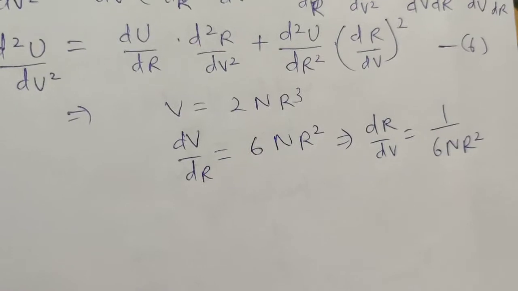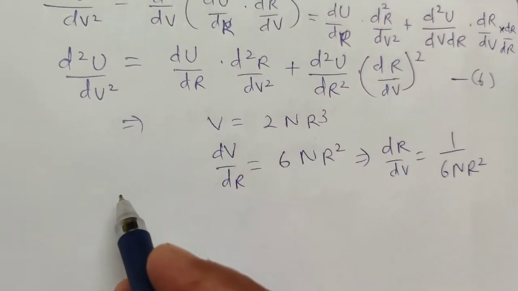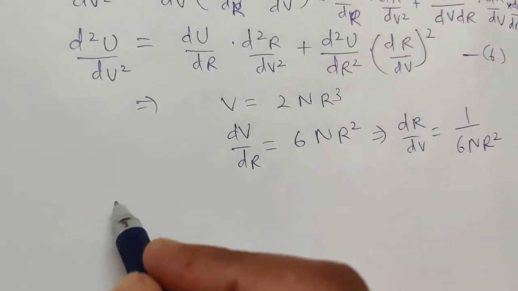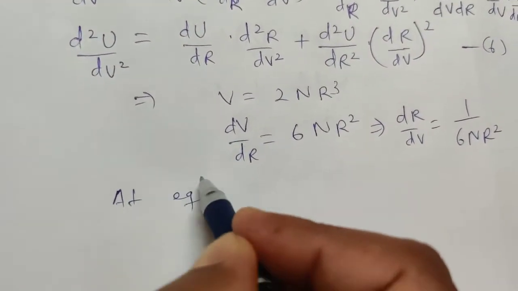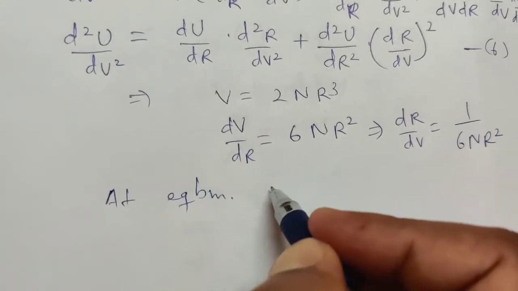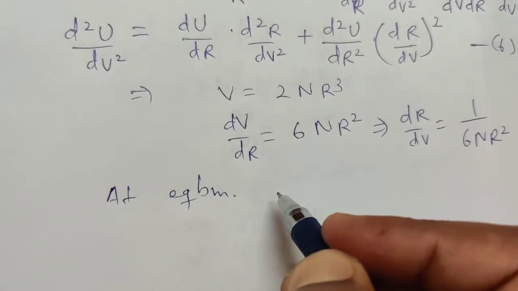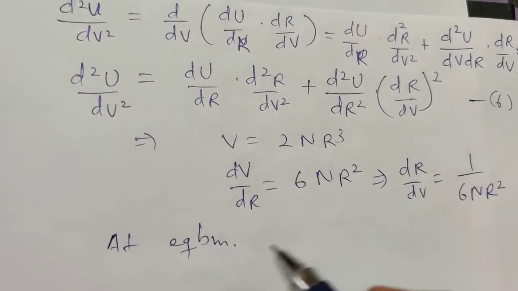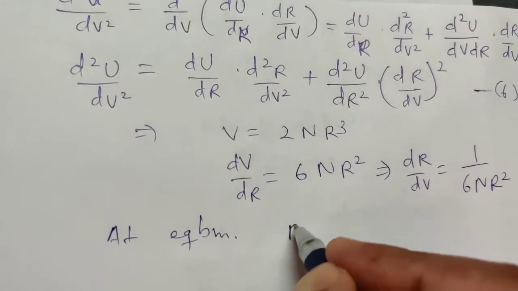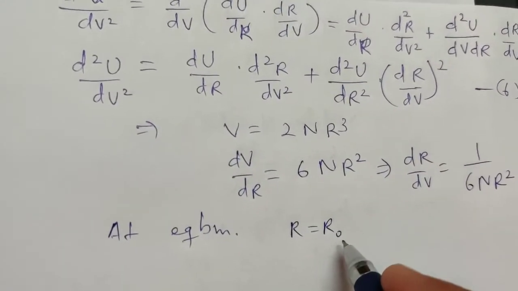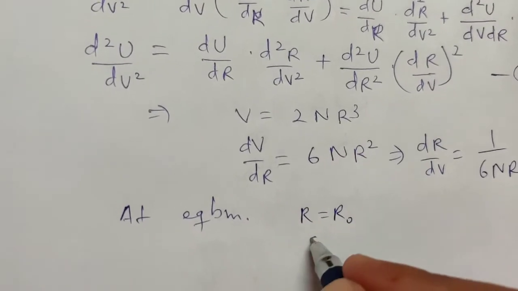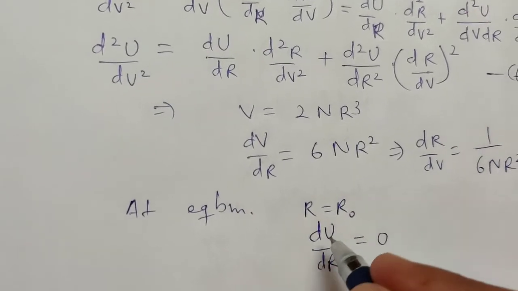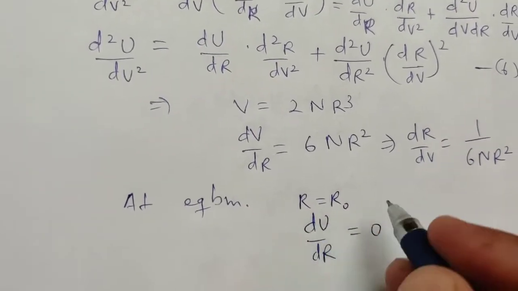Since in physics we are more interested in stability, we will calculate this at equilibrium. So at equilibrium, equation number 6 becomes, at equilibrium r will be r naught, and dU upon dr will be 0, because the slope will be 0 for stability, for minimum energy.